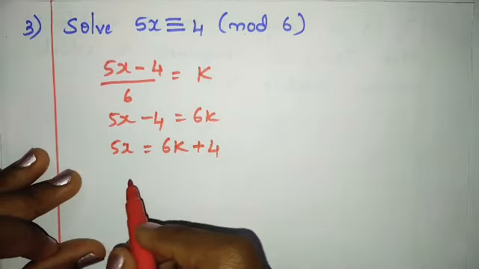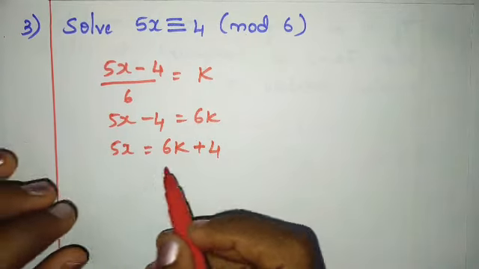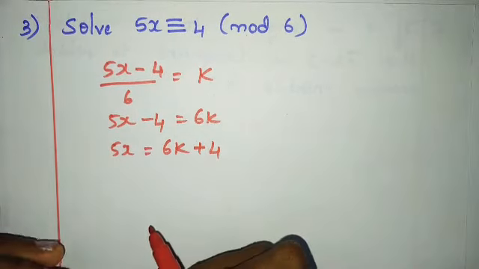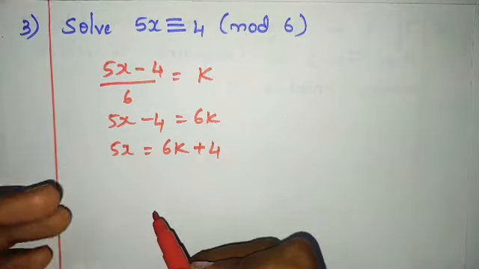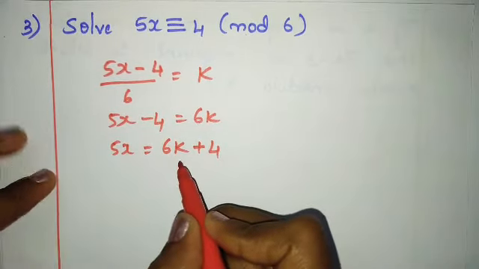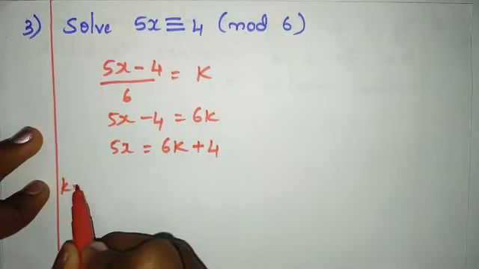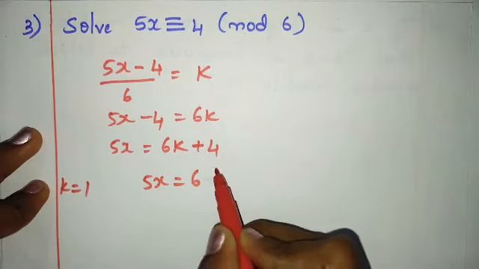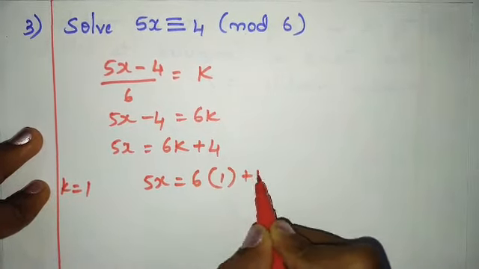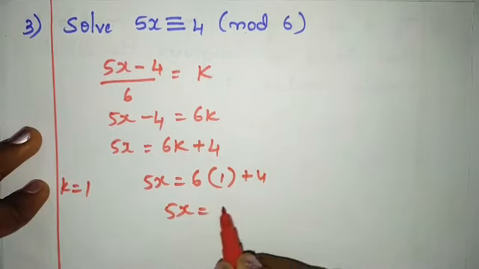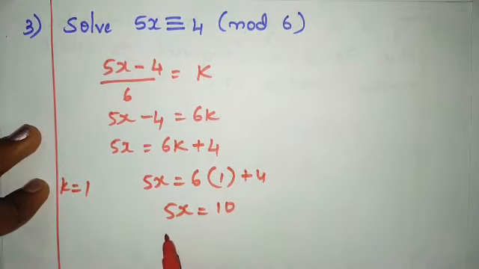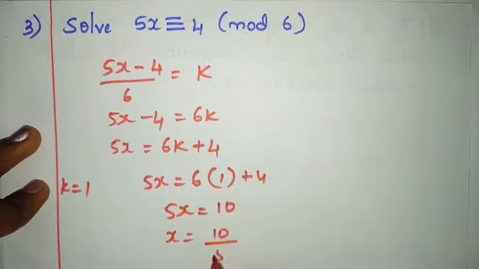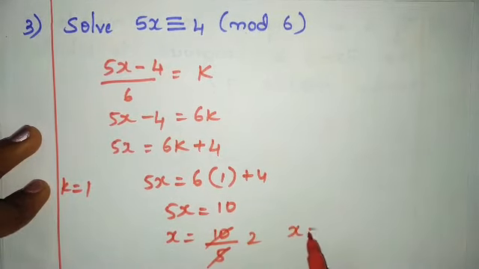So what you have to do is substitute k values. On 3 or 4 k values you have to substitute and find x. First I'll substitute k as 1. So 5x is equal to 6 into 1 plus 4, which is 10, and x is equal to 10 by 5, that is 2. Your x value is 2 here.